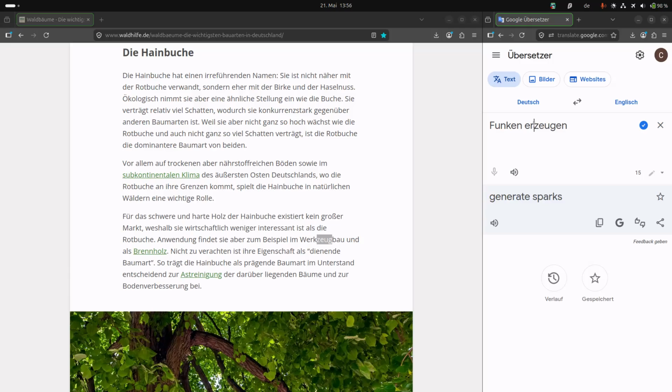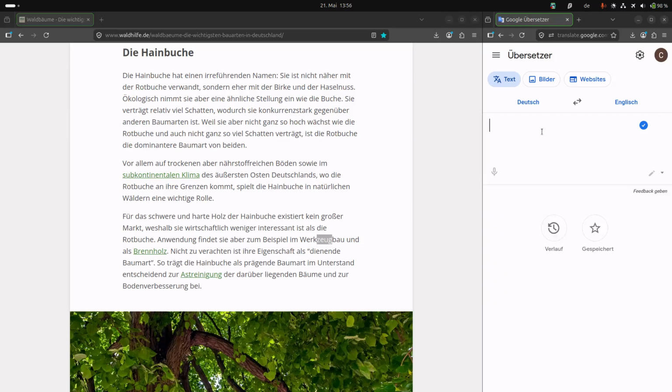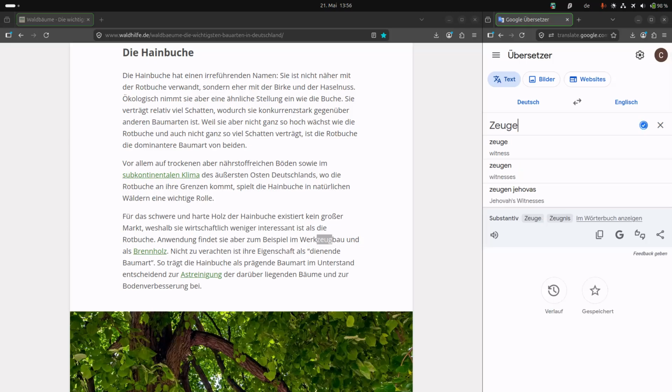If it is used, it's probably in the other context which Google Translate gave us, which is to testify, like for example in court. And the noun is Zeugen, which is witnesses, and the singular form is Zeuge.